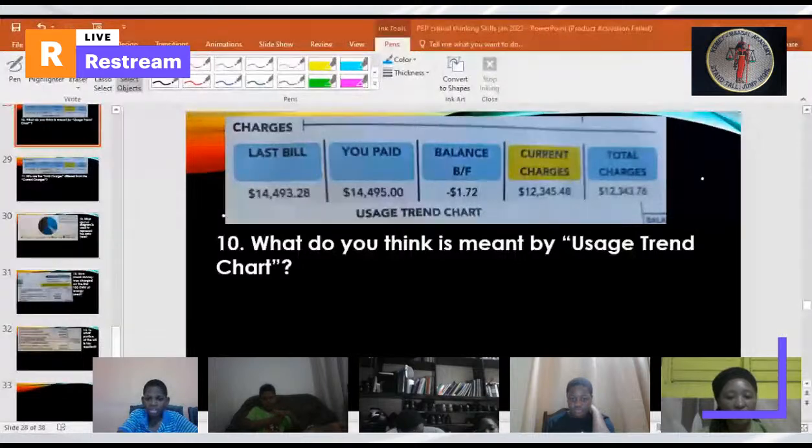All right. What do you think of that, guys? What is meant by the usage trend? You're looking at the usage chart. Miss, does it track trends in her usage of electricity?